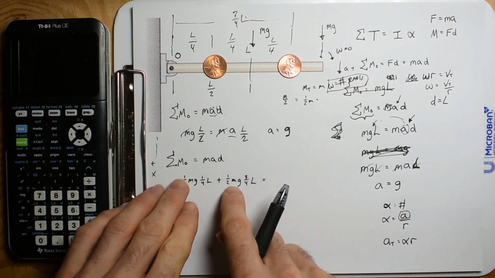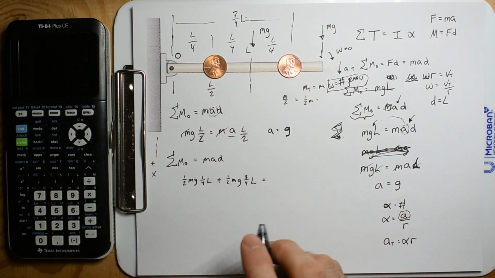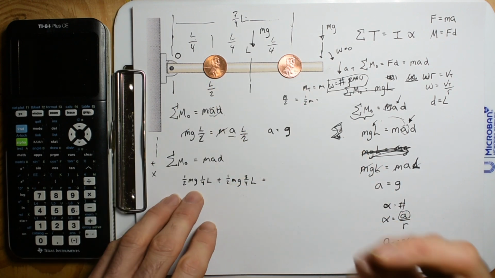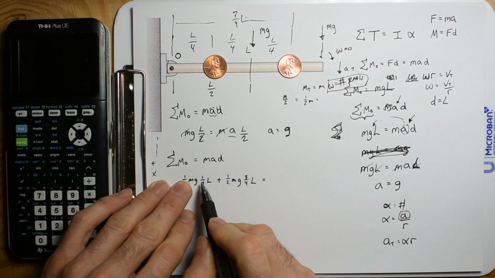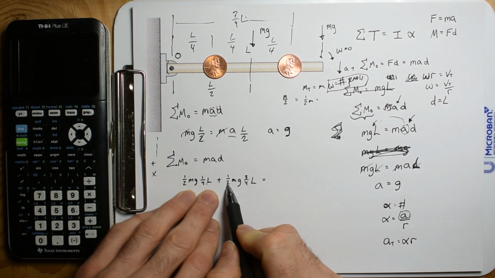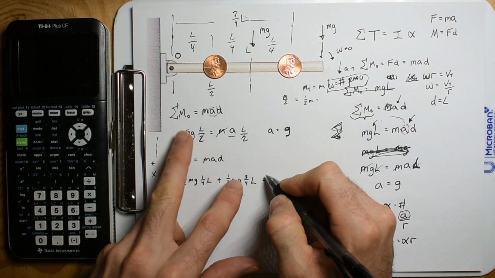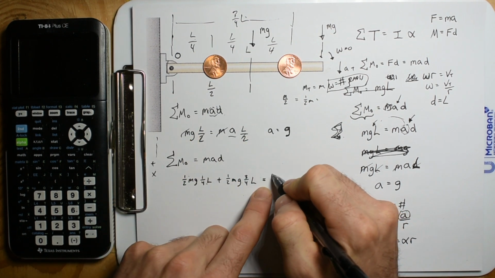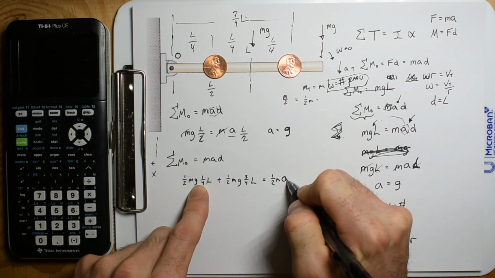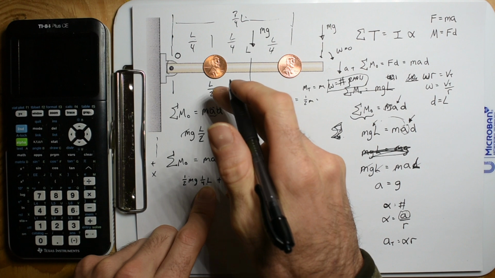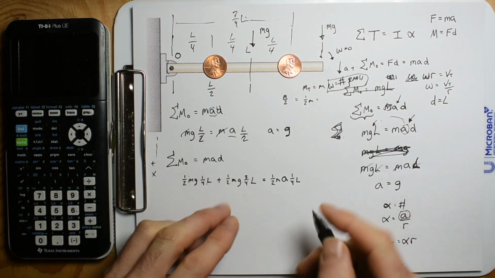So here's the moments due to each of these masses, and they have the form mass, gravity, distance. But now we're going to say that's equal to the mass of this one, 1/2 m, times its acceleration times its distance, which is still 1/4 L. So it seems like we're just rewriting it.